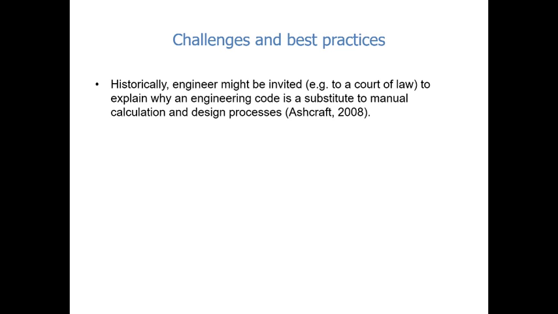There's a whole chain of investigation, and one part is examining the engineering code and the model used in the simulation. They will have to explain why this was done as opposed to manual checking, such as manual calculations. It did happen in the past.